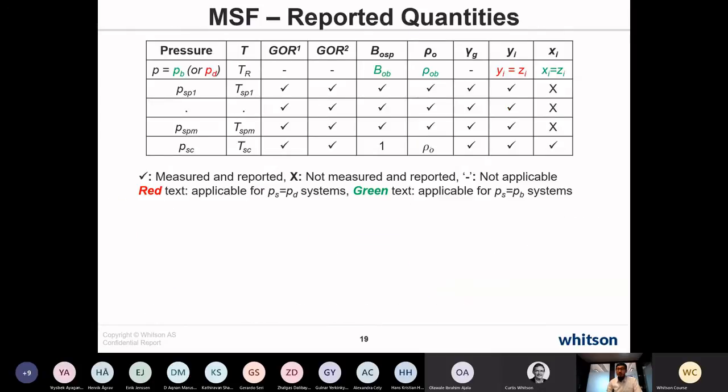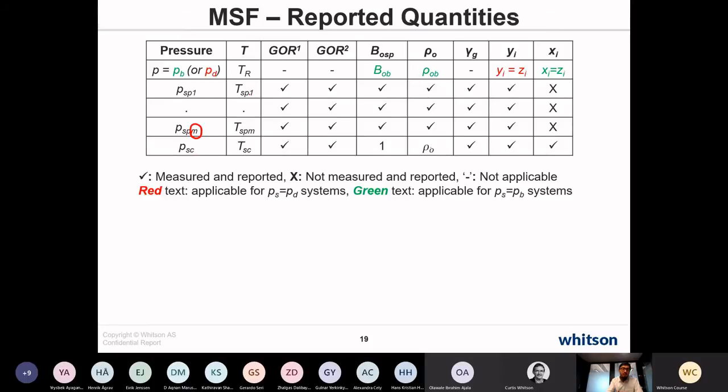Okay, we can now look at the reported quantities that we usually see in the PVT reports. We have the pressures again. We start from the saturation pressure, which can be a bubble point or a dew point, and then we have different separator pressures, different stages, up to stage M, for example, and then the stock tank condition.